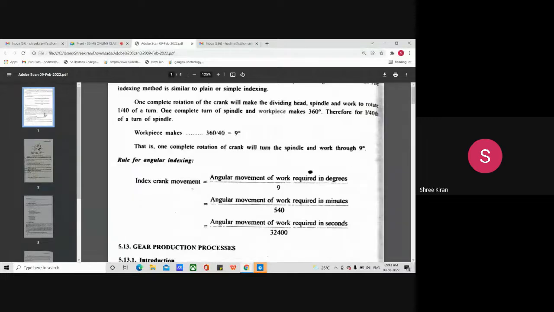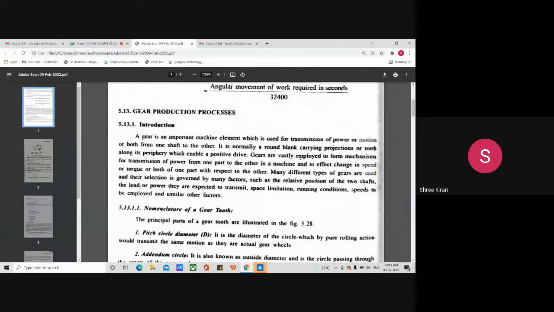So now we will start with the gear production process. What do you mean by gear? A gear is an important machine element which is used for transmitting power or motion or both from one shaft to another.